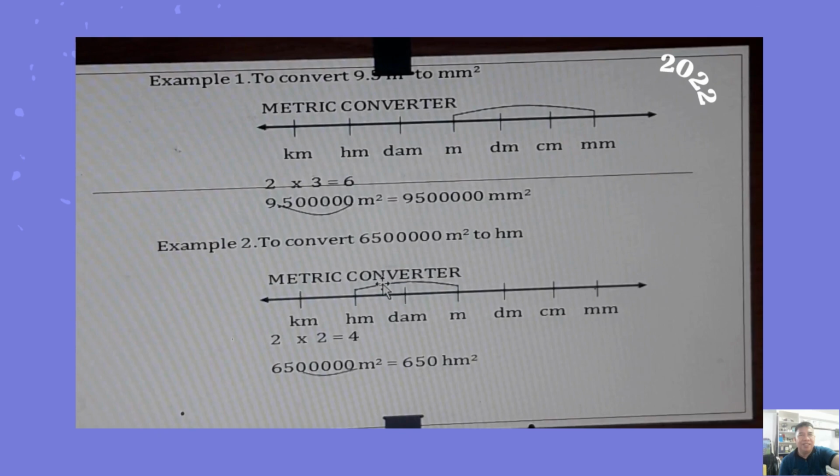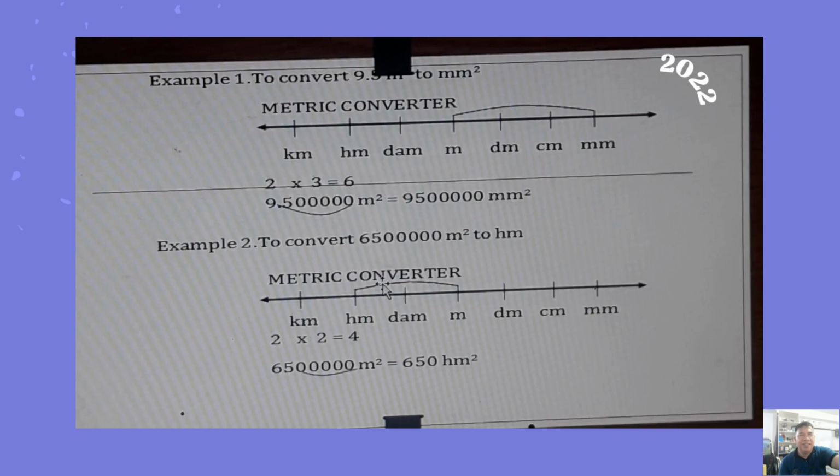Multiplying the two intersecting measures, the vertical and the horizontal, or the length and the width. So we always multiply the unit of length 2 times by itself.